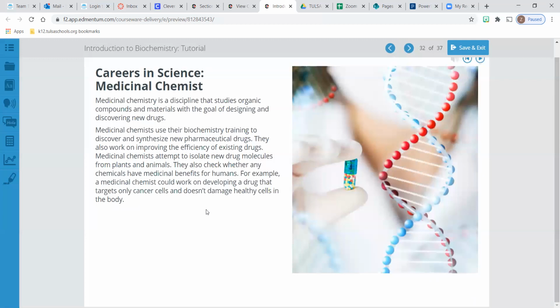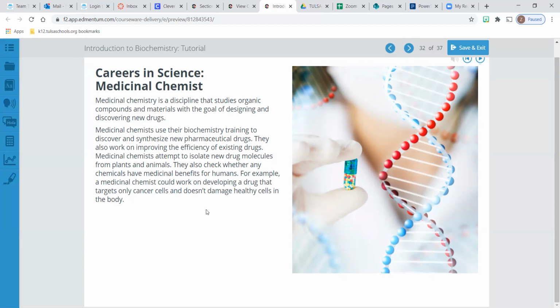Medicinal chemistry is where you study organic compounds and materials and try to design and or discover new drugs. So using biochemistry, you are discovering and synthesizing new pharmaceutical drugs.